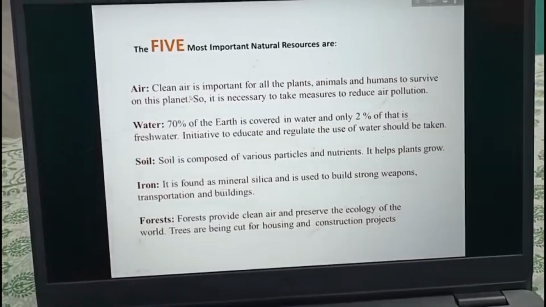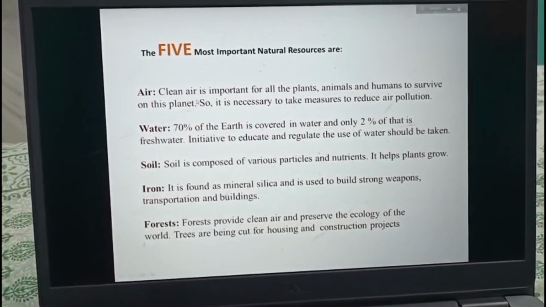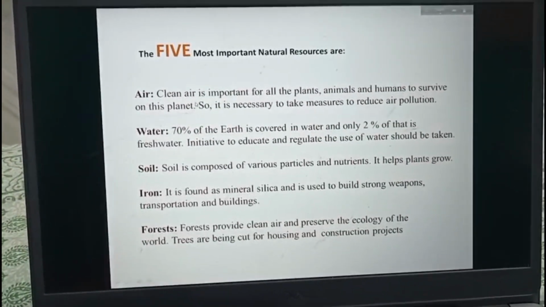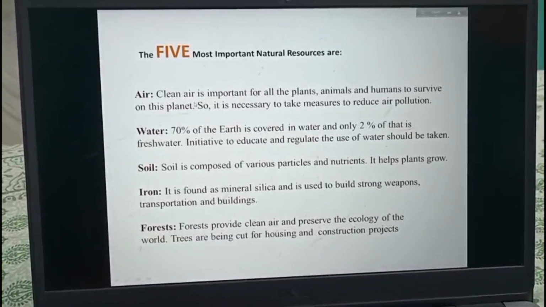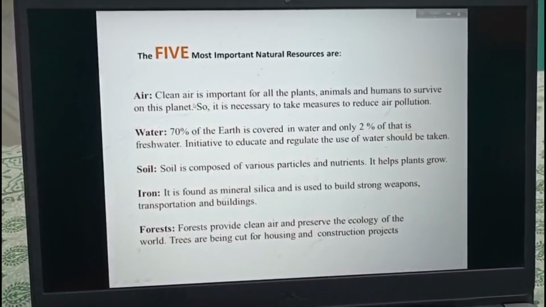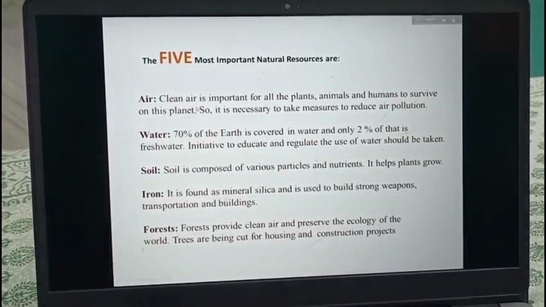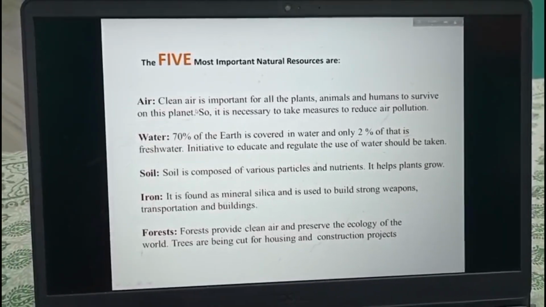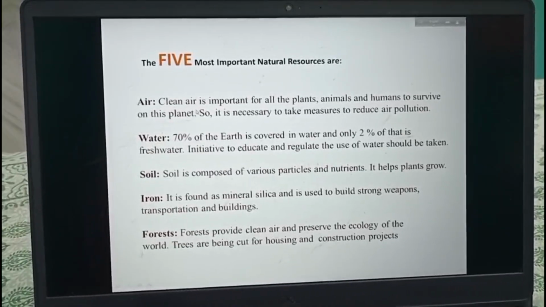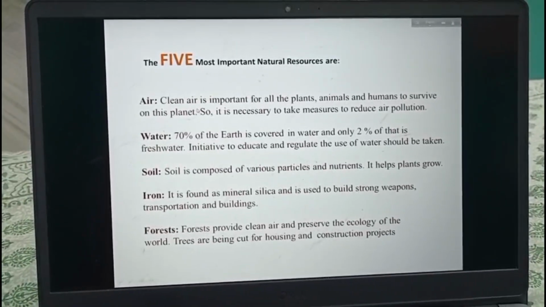Air is useful for our breathing, water we drink as fresh water, soil is needed to grow plants properly, and forest provides us clean air. It preserves our ecology, ecosystem and all.